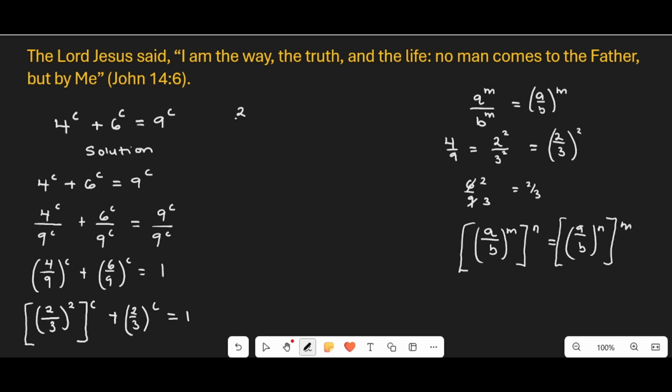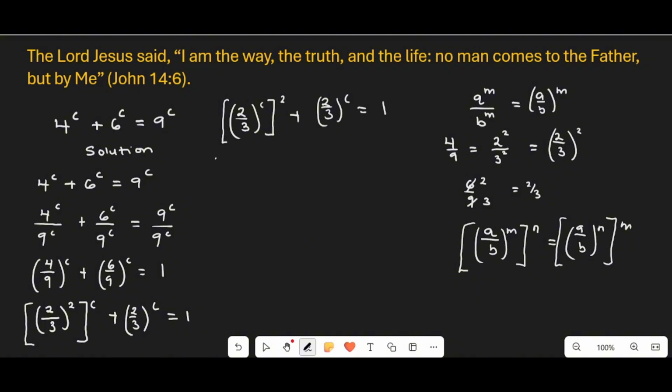So 2 over 3 raised to power C, all raised to power 2, plus 2 over 3 all raised to power C equal to 1.